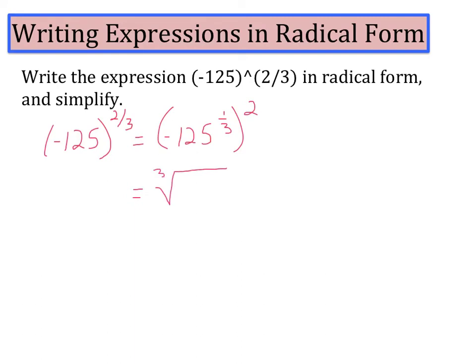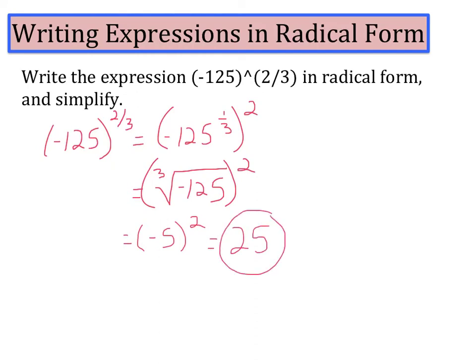So I have the cube root of negative 125 squared. The cube root of negative 125 is negative 5, but I still have to square it. And negative 5 squared is 25. So we wrote it in radical form, and then we simplified.